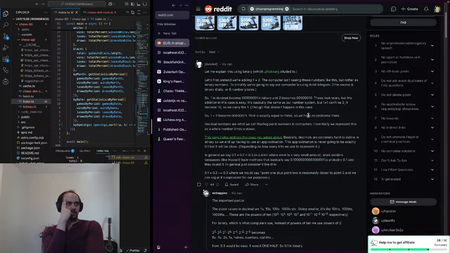So 1 in decimal becomes this in binary, and this looks scary. The addition is easy. So 1 plus 2 becomes this, so it's exactly equal to 3, so we have no problems there.